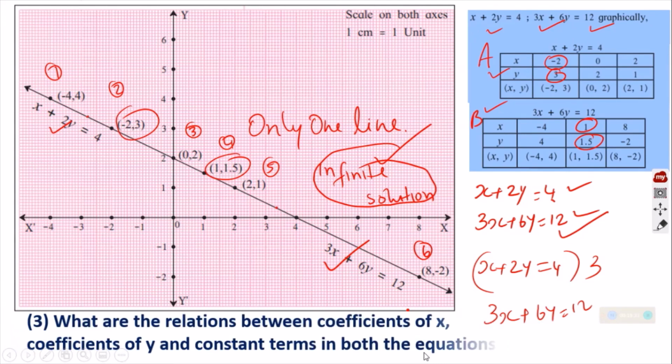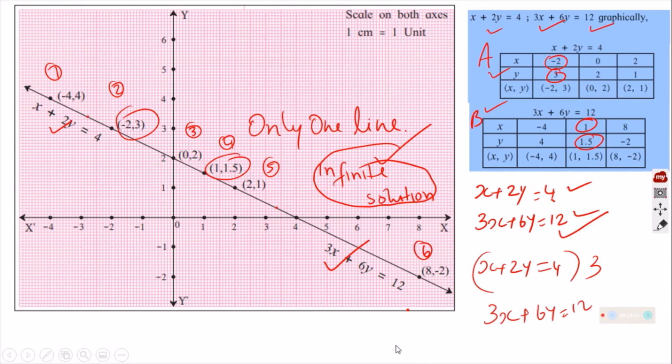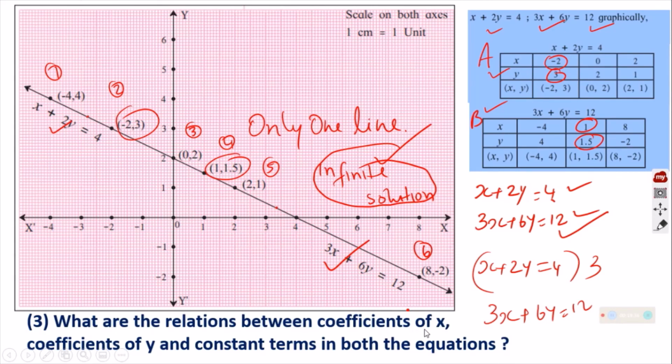What is the next question in your book? What is the relationship between the coefficient of x and coefficient of y and constant terms in both equations? Consider the coefficient of x.